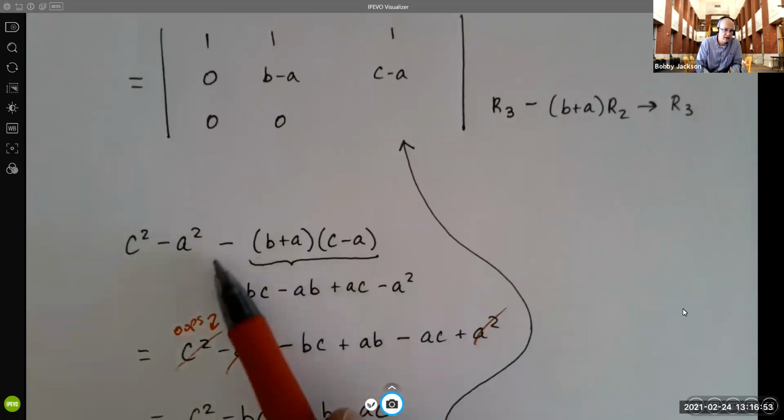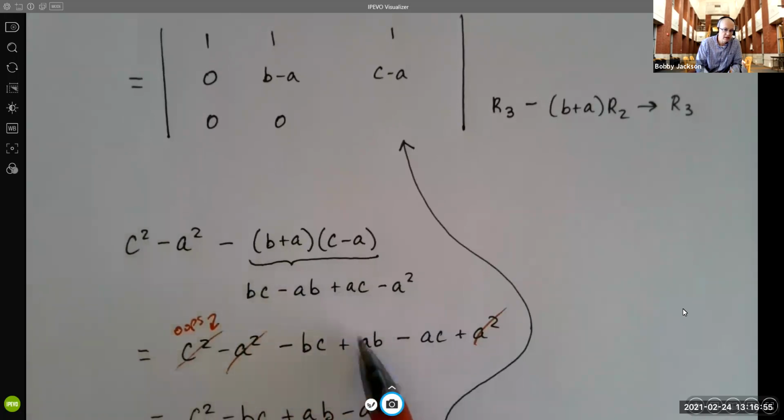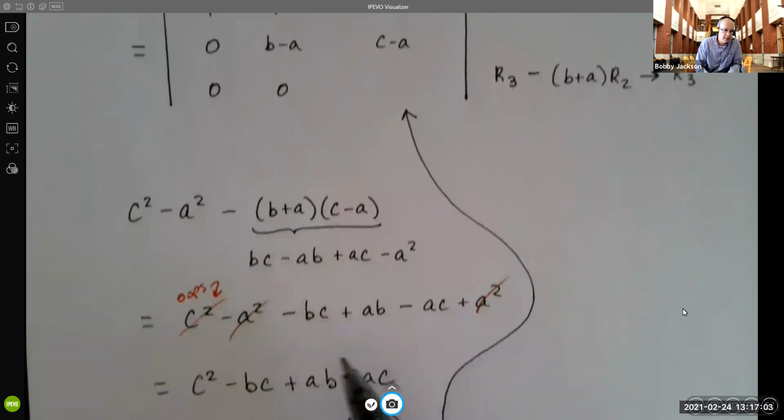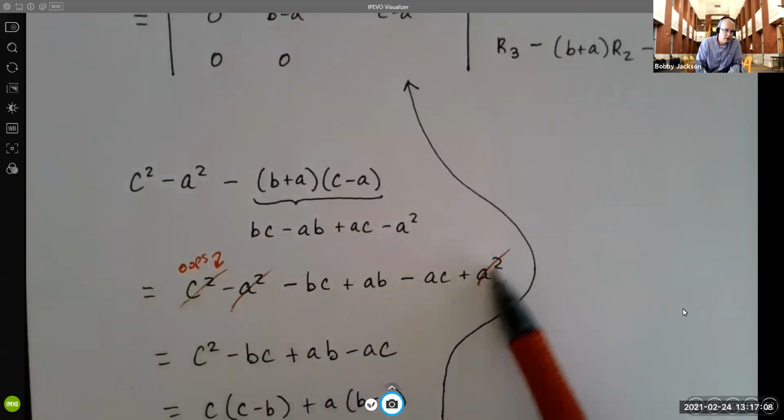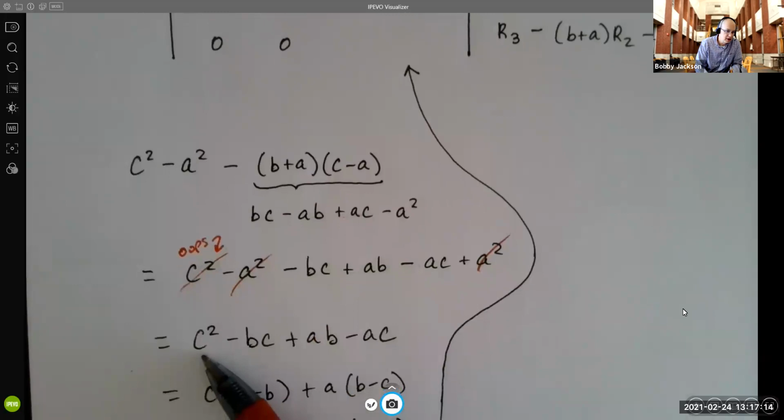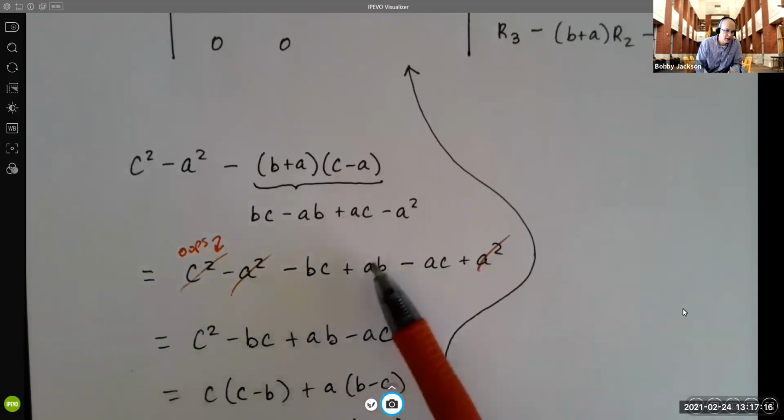So all these signs change: negative BC, positive AB, negative AC, negative A squared. Sorry, minus times minus, positive A squared. Okay, and then I'll note that the negative A squared and the positive A squared combine to 0. I accidentally made a mistake there, sorry. C squared stays there, it doesn't disappear. C squared minus BC plus AB minus AC.